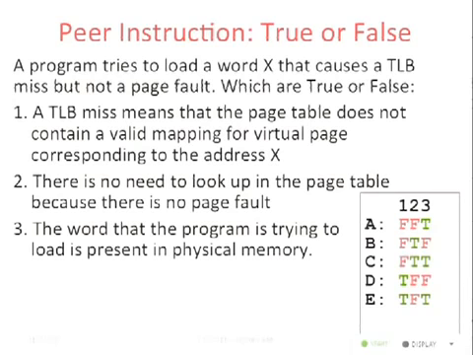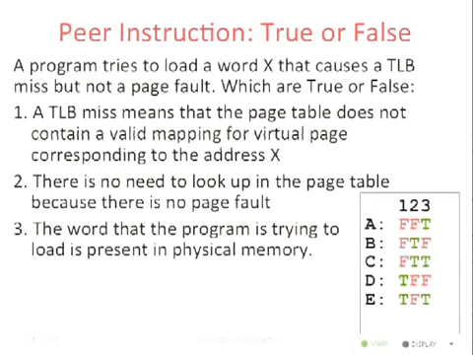The first one, so you've got to read the top. It's important. A program is going to try to load a word X, and that load word causes a TLB miss, but not a page fault. So you miss the TLB, but there's no page fault. Then true or false.